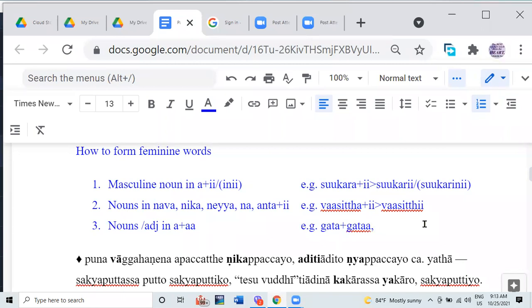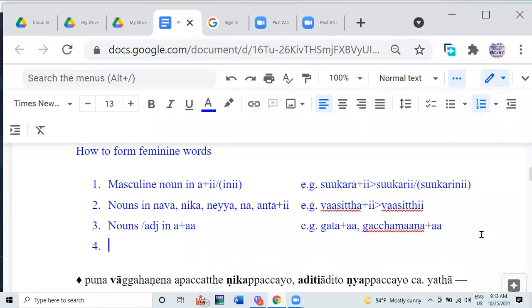Another example, gacchamāna. They are like adjectives, so only the ā suffix: gacchā, gatā. Only the ā suffix.